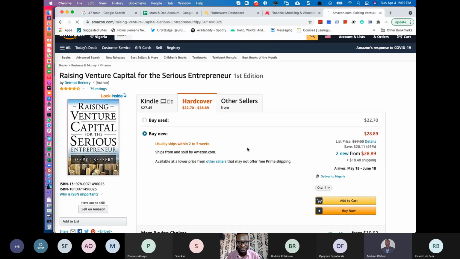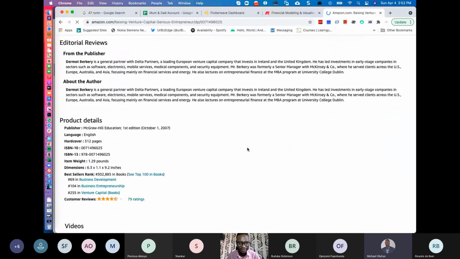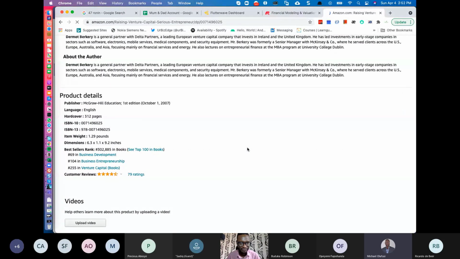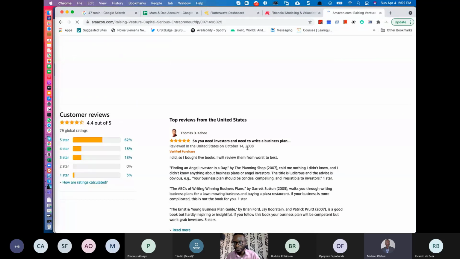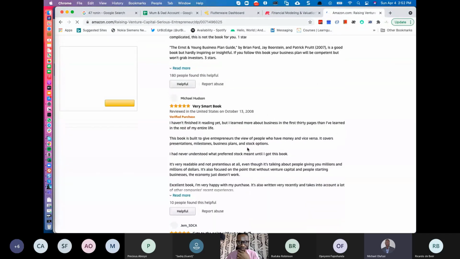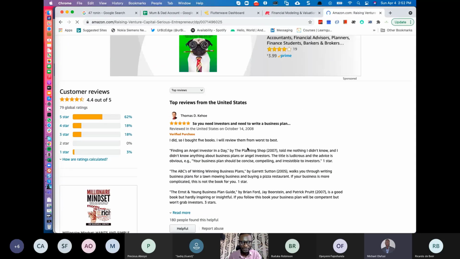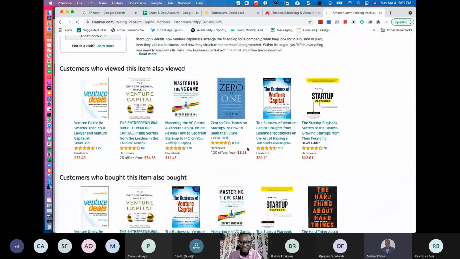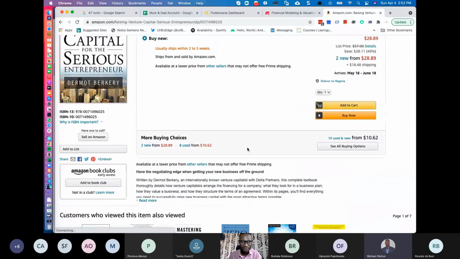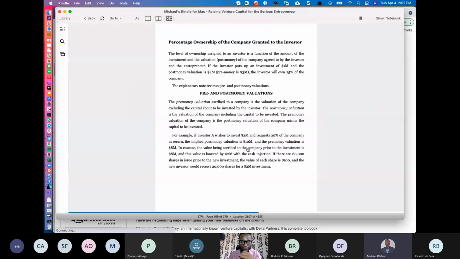Okay, so you see this book? Anyway, because of time, let's not overflog it, but it's a very highly recommended book for investors to understand how these pre-money and post-money things and all of the things that go into raising venture capital, right? So I have it open here anyway.